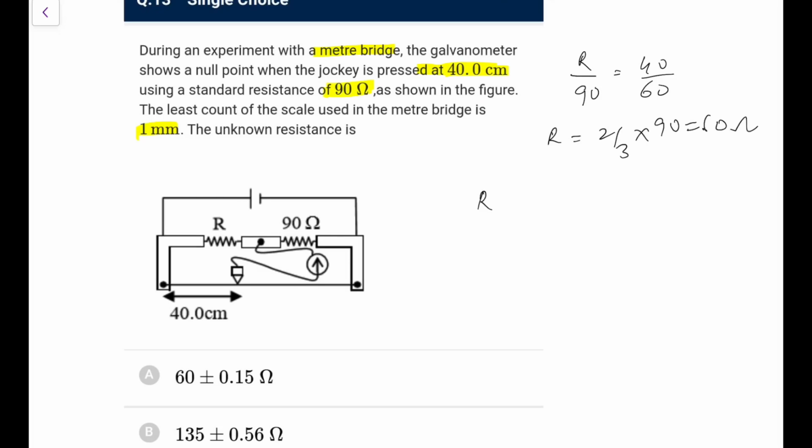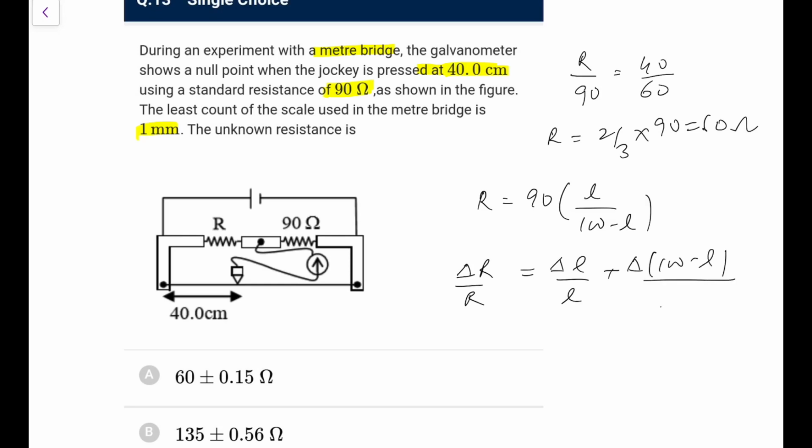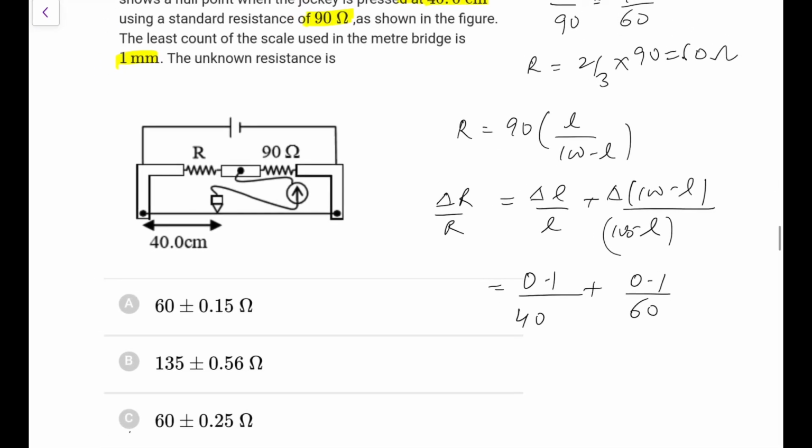Now the error. We write R as 90 into the length we have measured, L upon 100 minus L. For the error analysis, delta R by R is delta L by L plus delta of 100 minus L upon 100 minus L. So delta L is 1 mm, that is 0.1 upon 40, and this is also 0.1 upon 60.